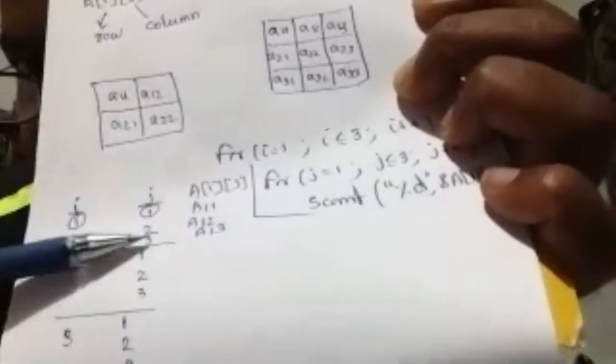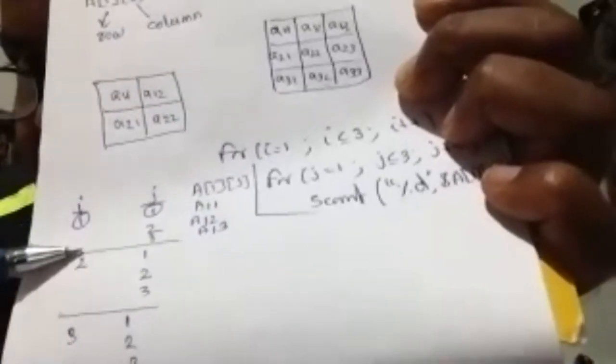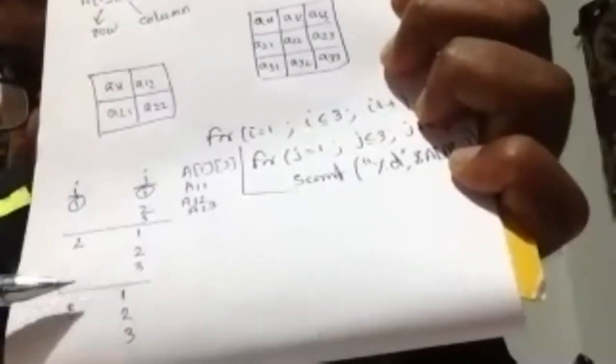Similarly, I is 1 and J becomes 3, so I will have 1 and 3. So this row is done. Now I becomes 2 and J starts from 1, 2, 3, meaning 2,1, 2,2, 2,3. Next I becomes 3 and J is 1, 2, 3, so I have 3,1, 3,2, 3,3.